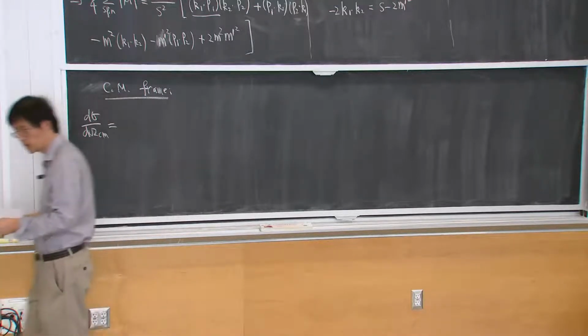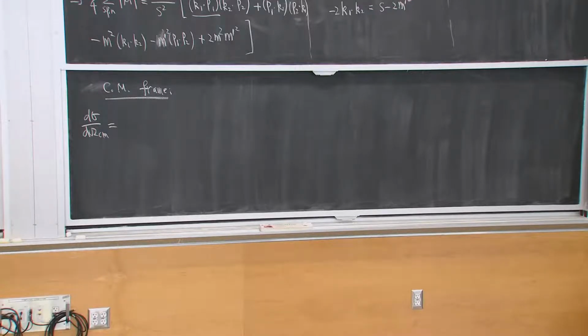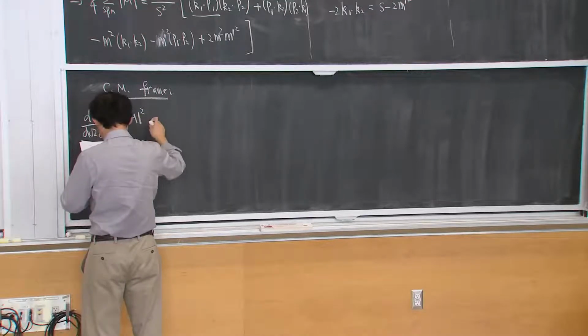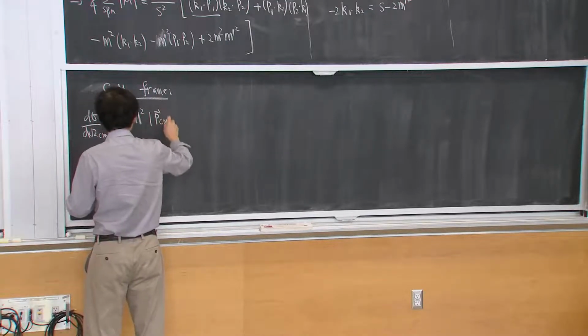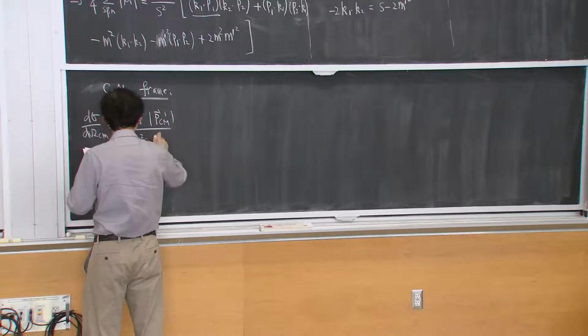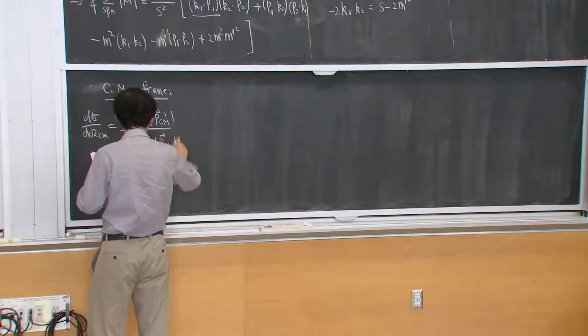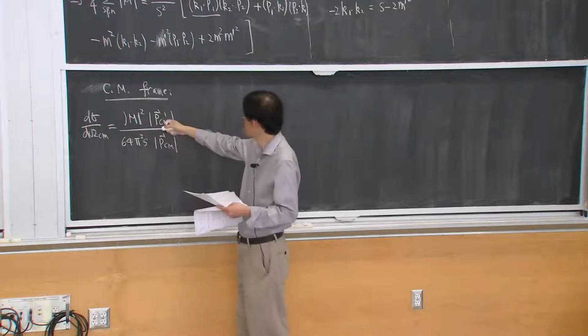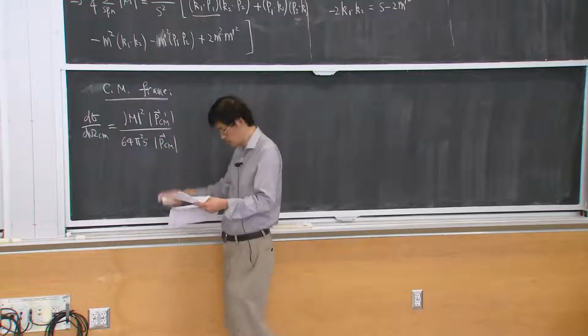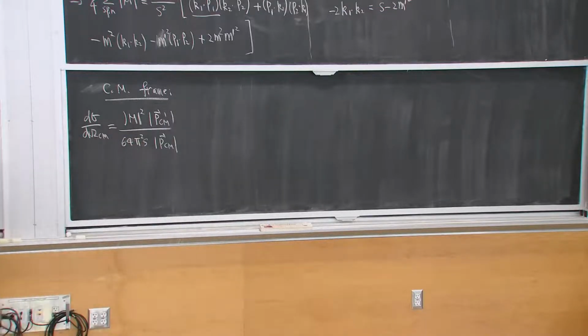Let me check my formula. Suddenly I'm not sure about the formula. So it's given by the amplitude squared, times p cm prime, divided by 64 pi square s, times p cm. Here p cm prime is the momentum for the final particles, and p cm is the momentum in the center of mass frame for the initial particles.